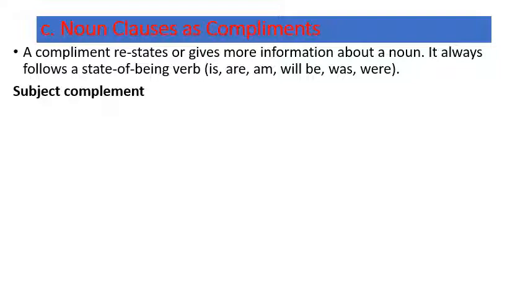A subject complement gives more information about the subject; an object complement gives more information about the object. And you need to remember that it follows verbs such as is, are, am, will be, was, and were. It is mostly the verb to be where the subject or object complement occurs.